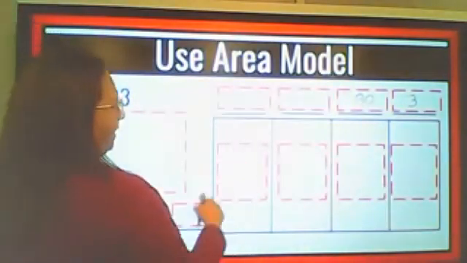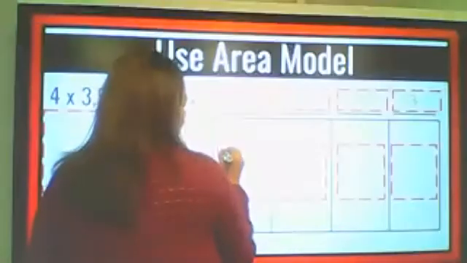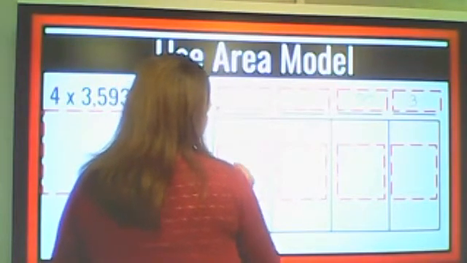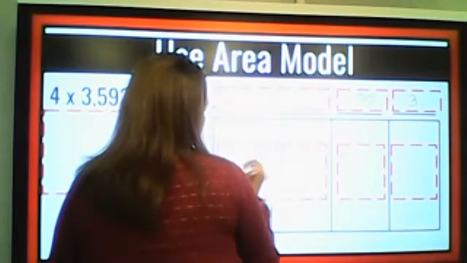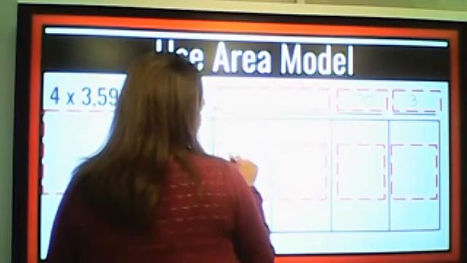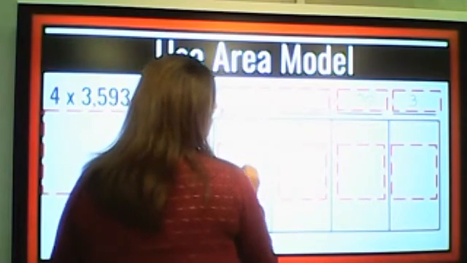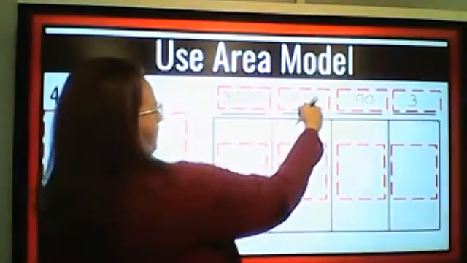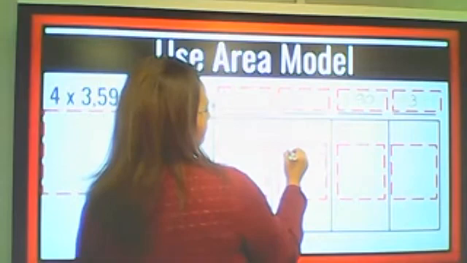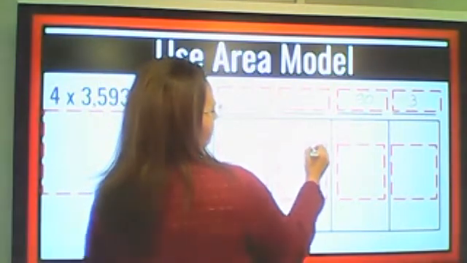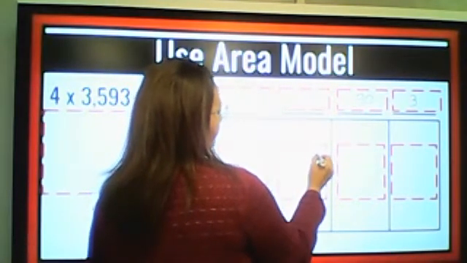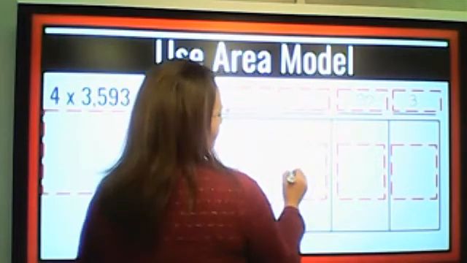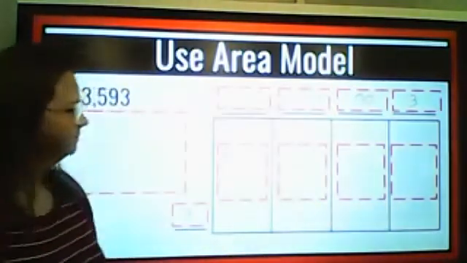So then in the first box here, we're going to say 3,000 times 4. 3 times 4, 12 with 3 zeros. In this box, we're going to multiply 500 times 4. 5 times 4, 20 with 2 zeros, so 2,000.